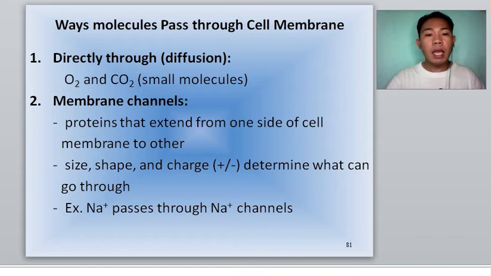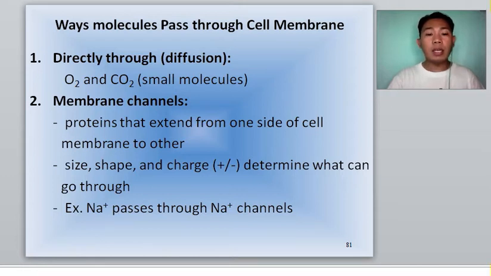One is directly through diffusion, and water, oxygen, carbon dioxide, and other small molecules can directly diffuse from extracellular to intracellular. Larger molecules cannot pass through the cell membrane through diffusion, but through membrane channels.